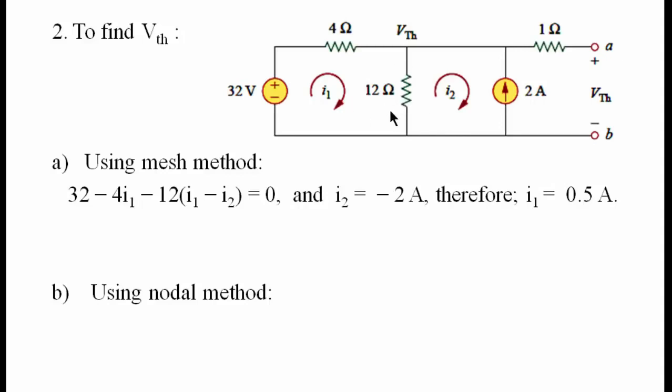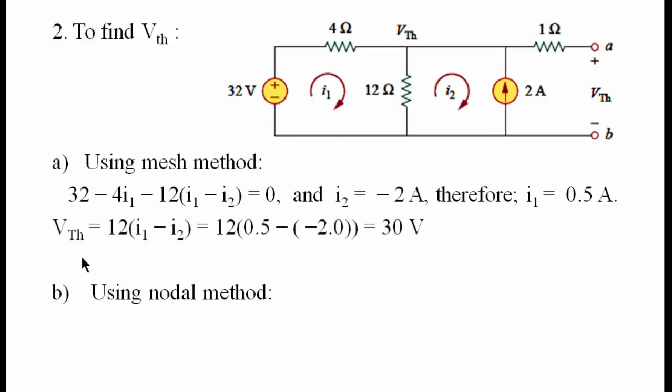Since we have I1 and I2 now, we can find the Thevenin voltage. V Thevenin is 12, the value of resistance, multiplied by I1 minus I2, because I1 and I2 contribute in the current flowing in the 12 ohm resistance, and by solving we get the voltage, which is 30 volt.